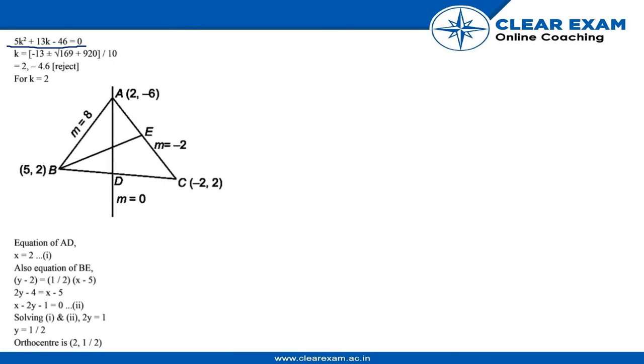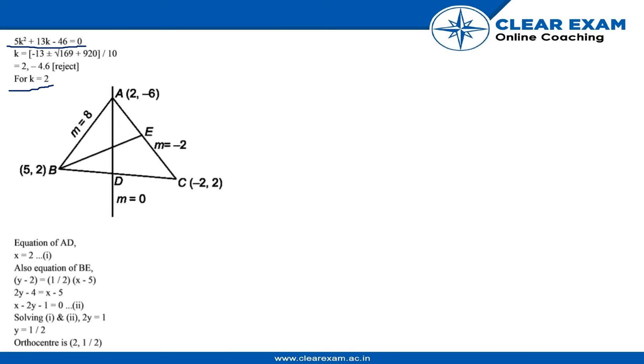We can solve it, and once we are solving it, the value of k is coming to be minus 13 plus minus under root of 169 plus 920 upon 10, and after further solving, the value of k is coming out to be 2 and minus 4.6. We'll simply reject the value minus 4.6, and so the value of k is 2.